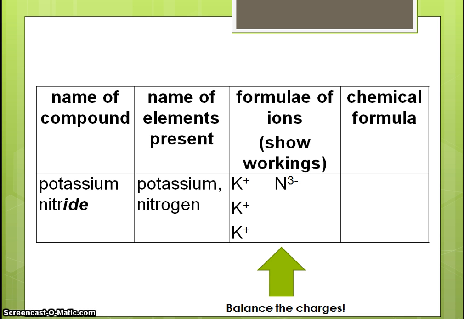At this point, again, we have to balance the charges. So in this case, you will have 3 potassium ions to balance the charges on the nitride ion. So the chemical formula for potassium nitride would be K3N.